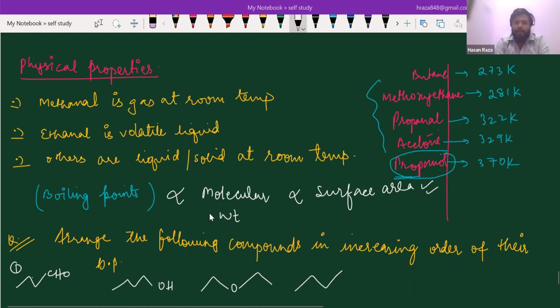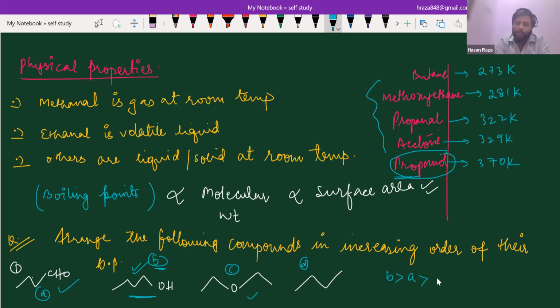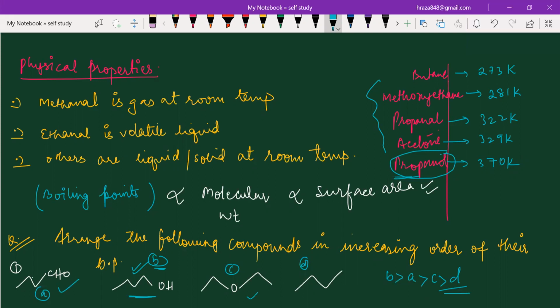Basically in this you can see this is alcohol and it will make hydrogen bonds. Now I'm going to take A, B, C and then D. It will have the highest boiling point. Then this aldehyde will come, and then this methoxy group, that means ether, and the lowest boiling point is of this alkane. Is that clear, everyone? Yes, sir.